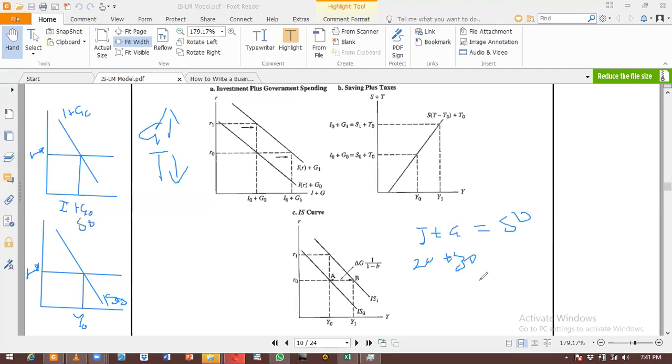Now there's an increase in G from 30 to 50, which means that the total is going to be 70. So now we can no more stand at 50, but we'll come and stand at 70. And so this is causing the drawing of a new curve, even at the same level of interest rate. So this is going to be our I, and then our G1, the new level of G.